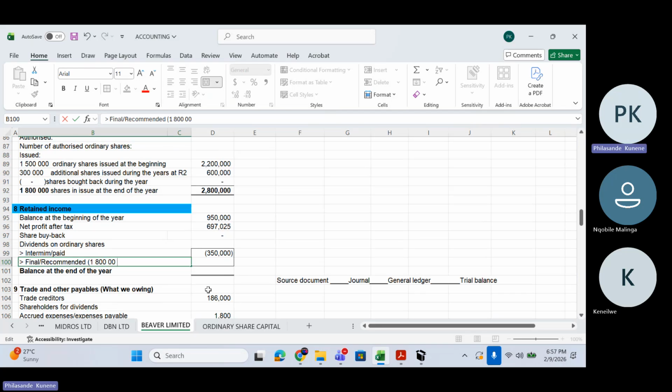Yes, 1,800,000 multiplied by 20 cents, which is 0.20. Then how much are we getting? 360,000, right?